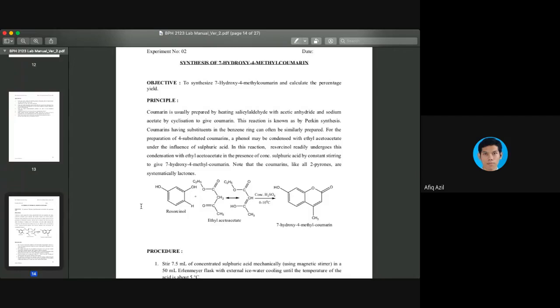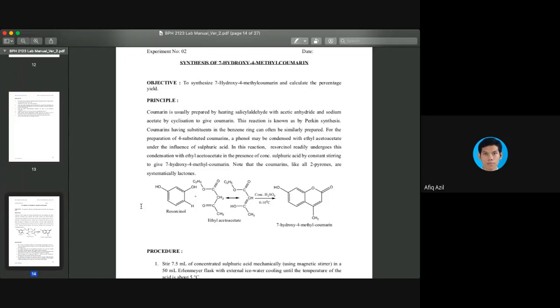So for today, we will see experiment number 2, which is the synthesis of 7-hydroxymethylcoumarin. This is an example of a heterocyclic compound, and also an aromatic.